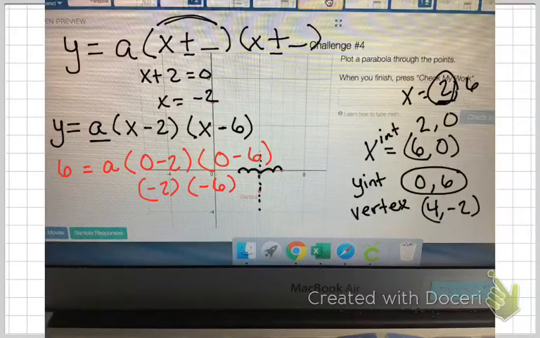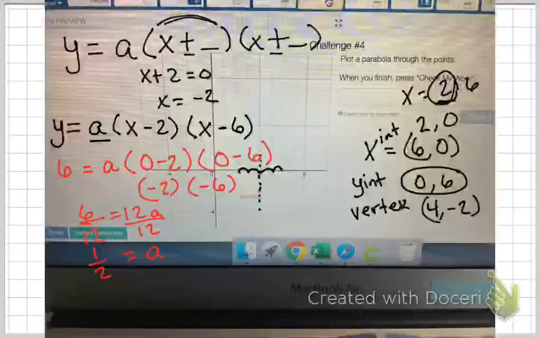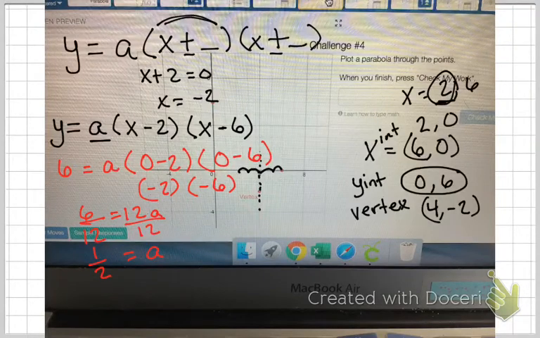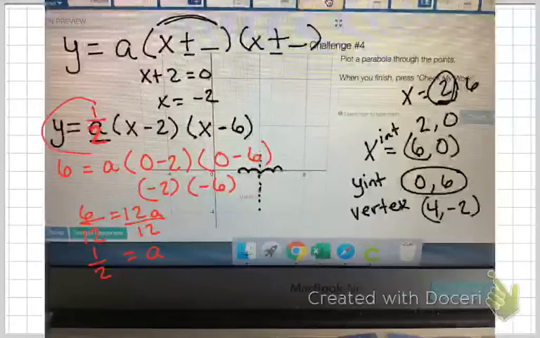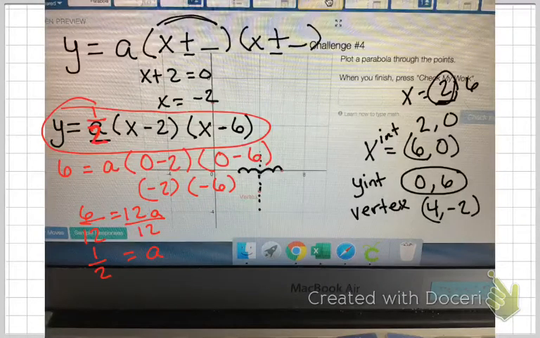And then multiplying them, I get a +12. And then times a equals 6. Then divide by 12, divide by 12. A is equal to 1/2. So now I can put my problem, instead of having a, I have 1/2 here. And then if you work this out, you have it in standard form. And you know what the a is, the b is, and the c is.